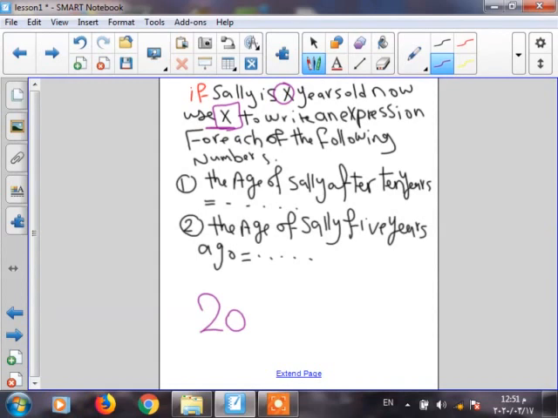But if I say to you, I want to get the age of Sally after 10 years. So after 10 years, it becomes after, that means it will be plus what? Plus 10 years. So it will become 30 years old. So after 10 years, it will get bigger than 10 years.